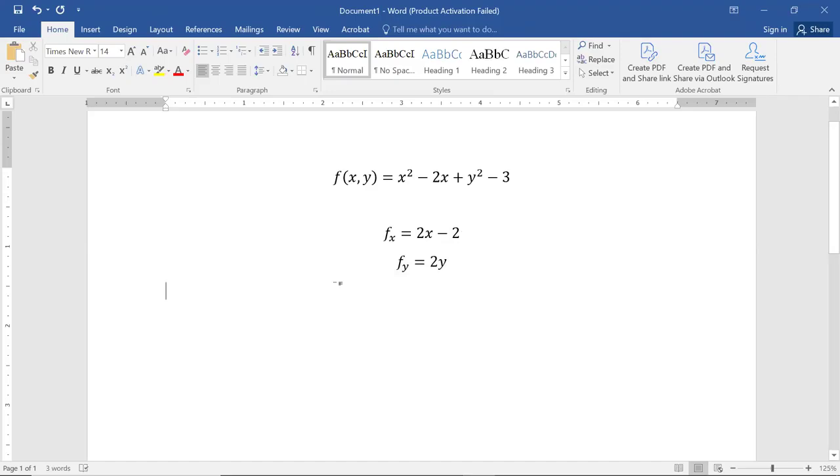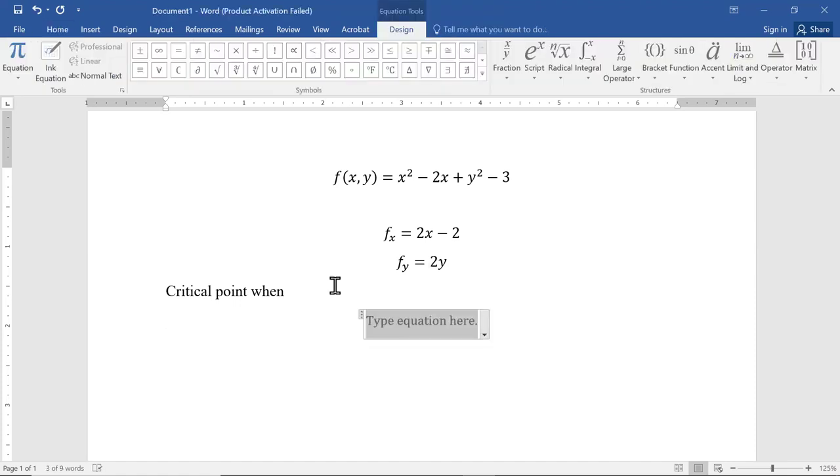So the only way I can get a critical point is when both of them are 0 simultaneously. So 2x minus 2 has to be 0, and 2y has to be 0.